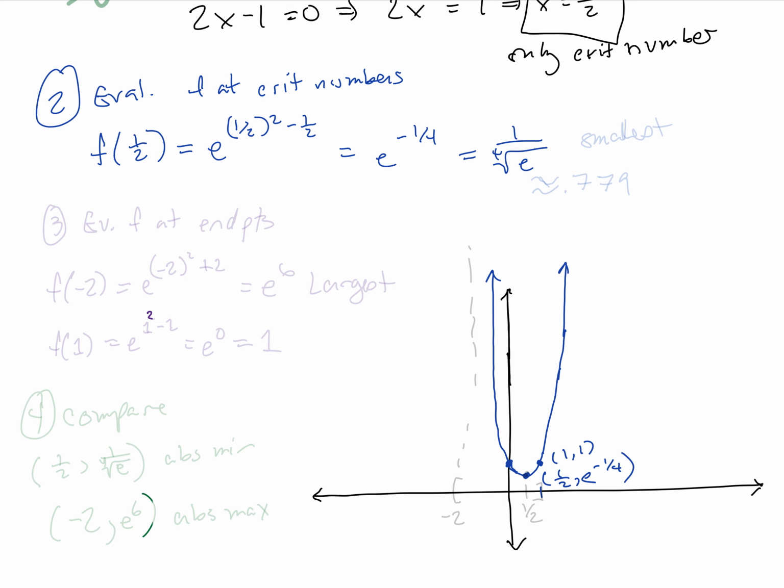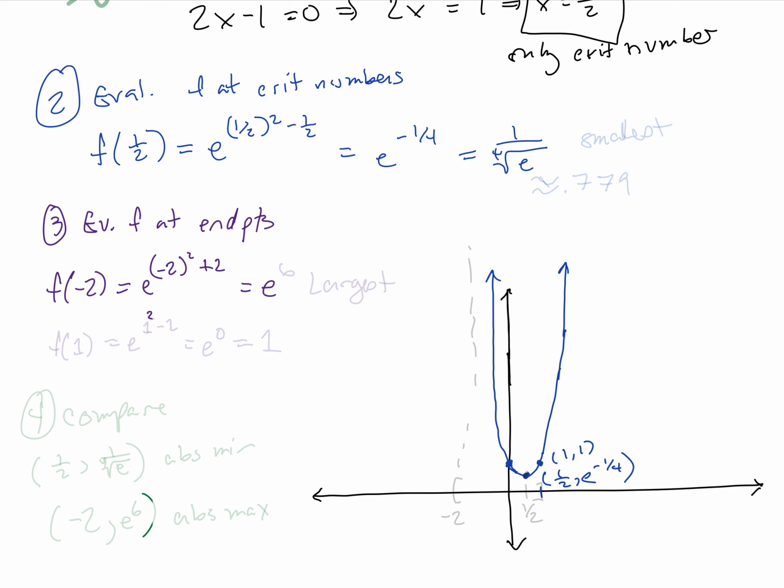Okay. What else? We need to now, step 3, evaluate f at the endpoints. So our endpoints were -2 and +1. F of -2 is e to the -2 squared minus, so that's plus 2 minus the -2.